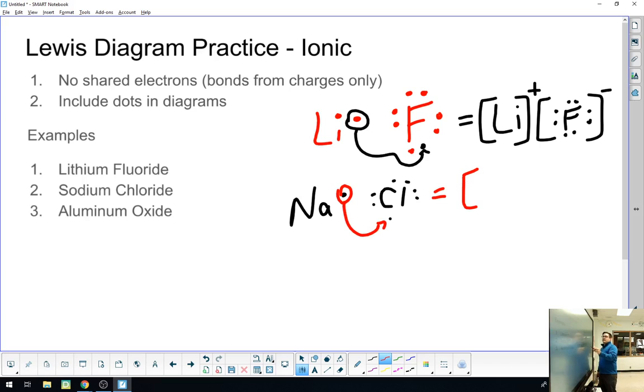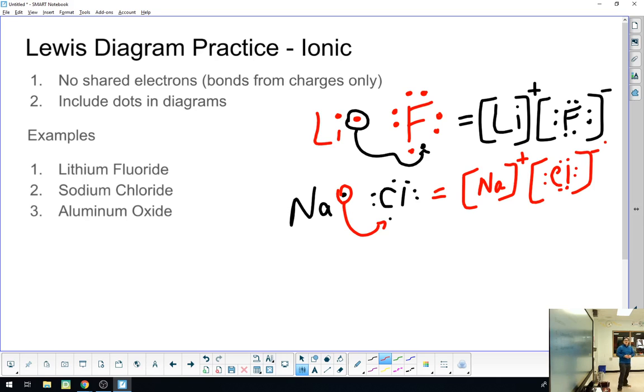That's going to be sodium with no valence electrons, plus 1 charge, and then chlorine with a full octet and a negative charge. We good there? So when you're drawing Lewis diagrams for ionics, this is what it's going to look like.